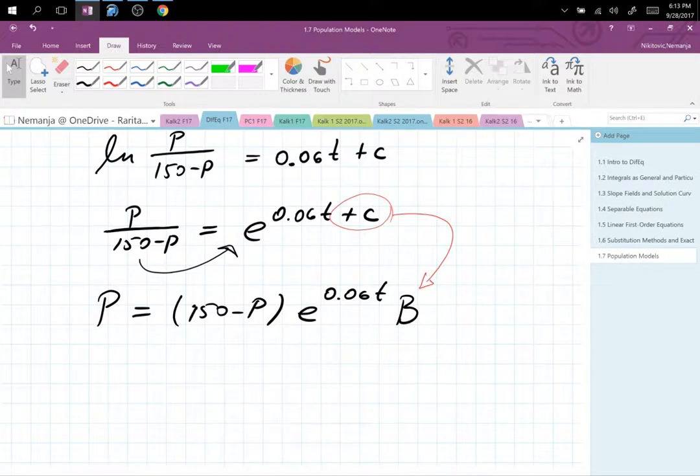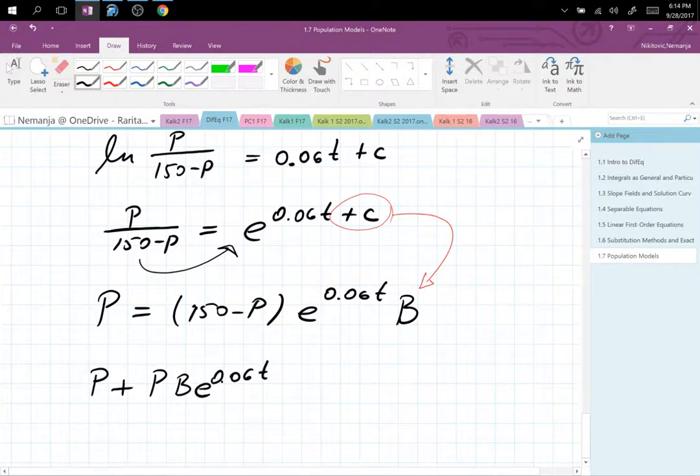And at this point, you have to add this P to the left-hand side. So you have P plus P times Be to the 0.06t. That's a regular thing, not the P birth rate thing. Yeah, this is just a constant.